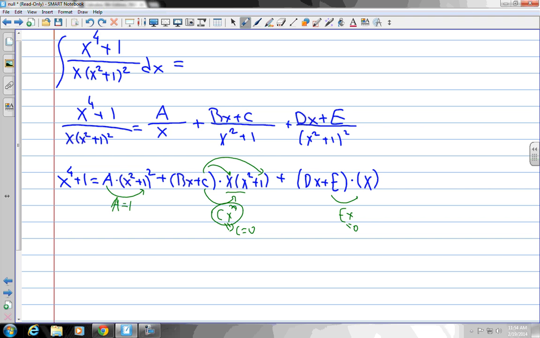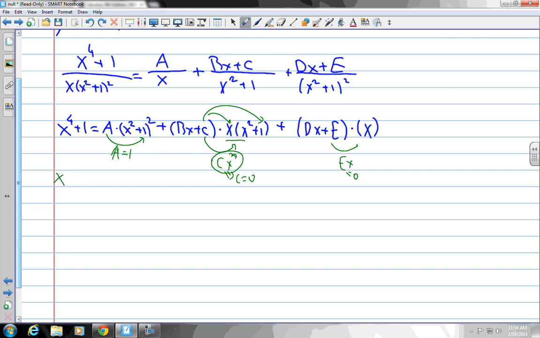Now we still need to find, well, then let's distribute this thing. So right now it's x to the 4th plus 1 equals, so let's square all that. So it's x to the 4th plus 2x squared plus 1, right? Then what else do we see? So c equals 0. So we have bx to the 4th, right?